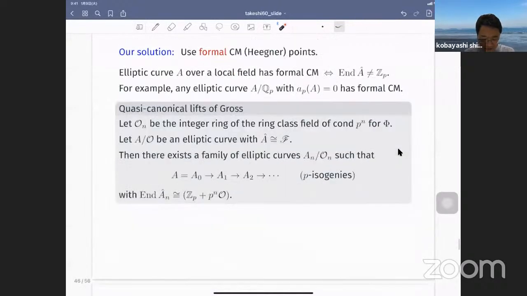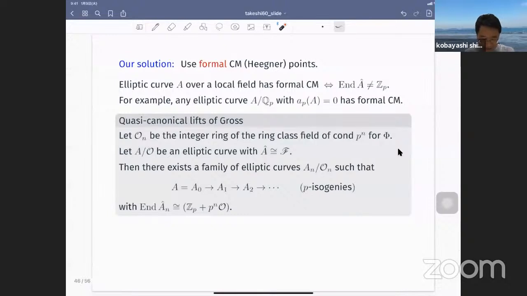And we use Gross's canonical lift. So starting from such A, we can construct a family of formal CM elliptic curves, a quasi-canonical lift of the fiber of A. Actually, Gross's theory is a theory for formal groups, but we can have an elliptic curve over the ring class field.